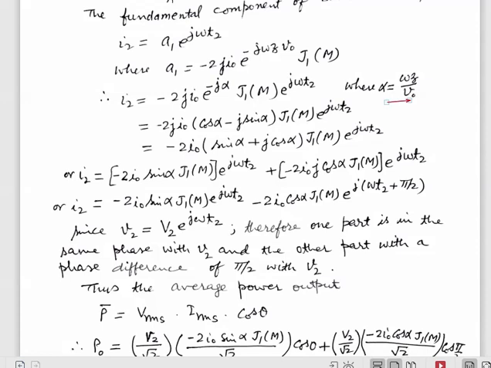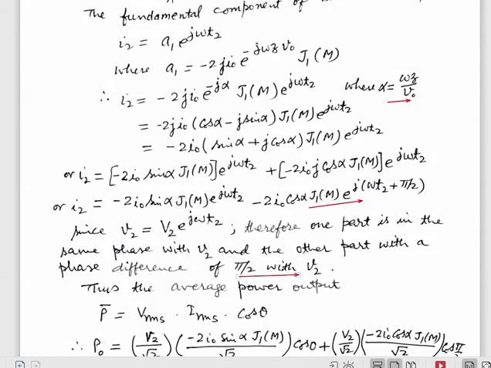And as we know, the voltage in between the grids of the catcher cavity is given by V2 equal to V2 e raised to the power j omega t2. So when we compare the current I2 with V2, we will find that the first component of the beam current is in phase with the voltage V2, while the other component has a 90 degree phase difference with the voltage term.